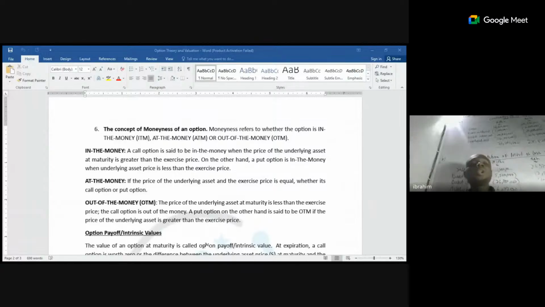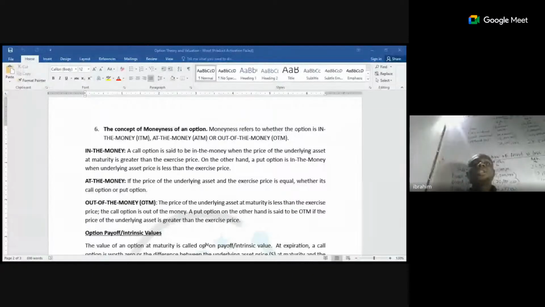What is a call option? A call option is an option to buy. You have exercised your rights in August, 6th of September, to buy UBA shares at 50 naira in the option market.